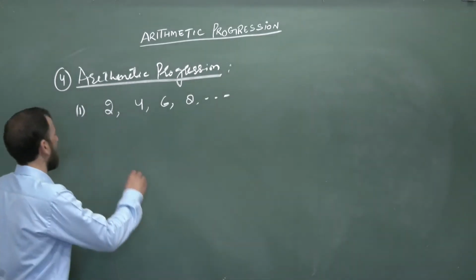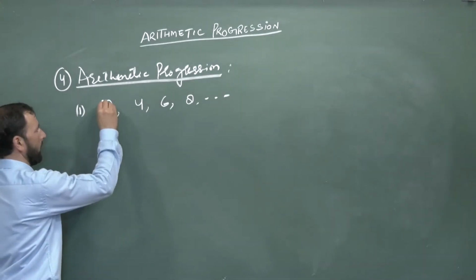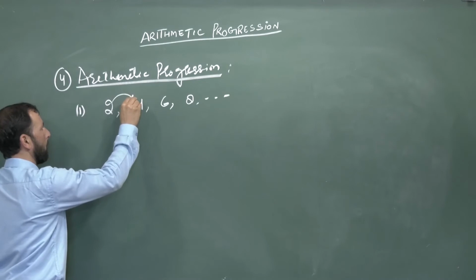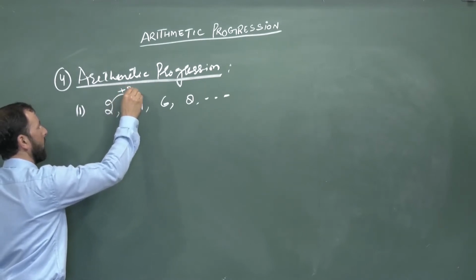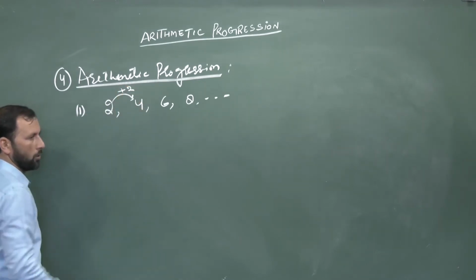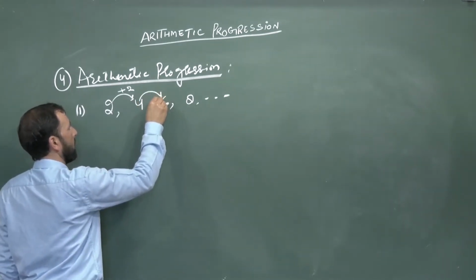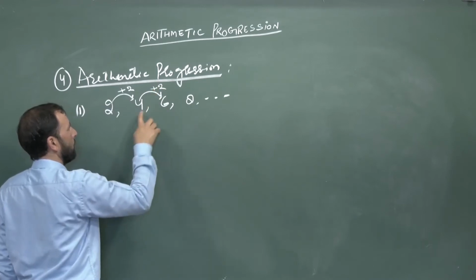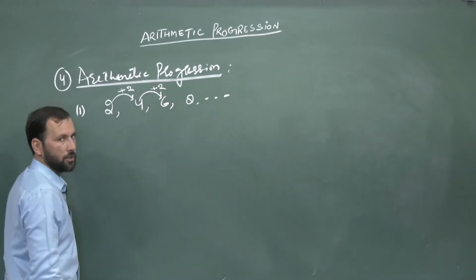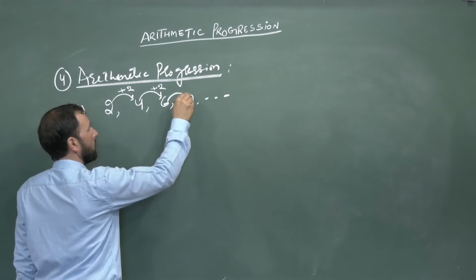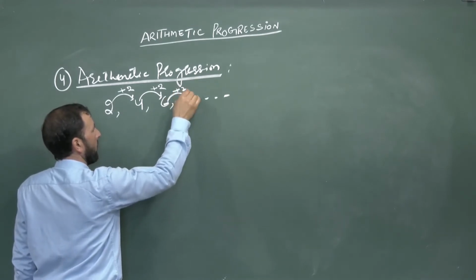So here we have the first term 2. If we add 2 to this first term, we get its next term, 4. If we add another 2 to this 4, we get the next number, 6. Now if we add 2 to 6, we get another number.